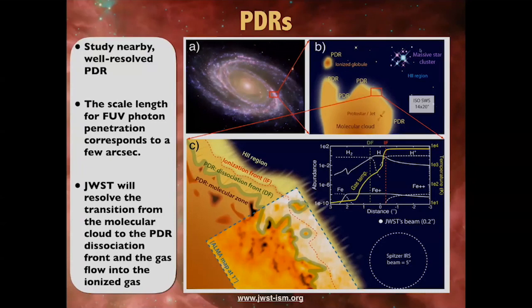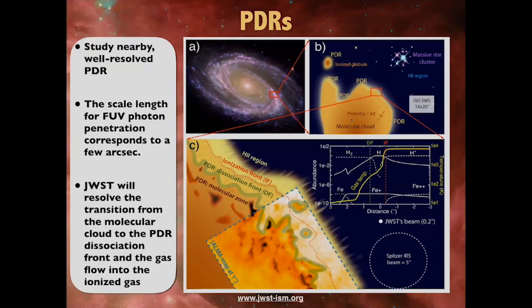You have a massive star cluster creating an H II region, and then at some distance from the cluster, you form the PDR, which is seen as a transition between the ionized gas and the cold molecular gas.